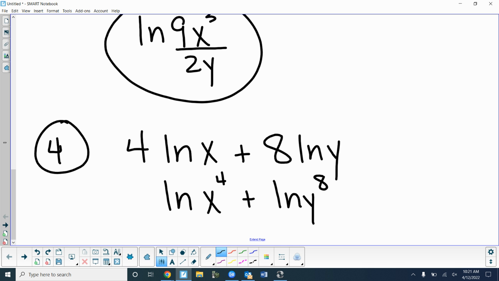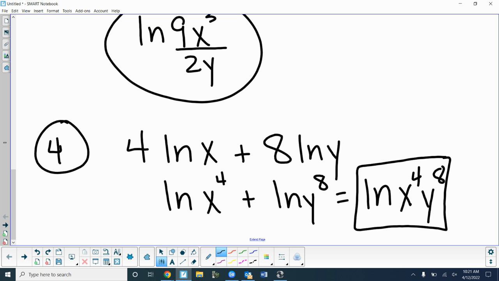Since it's addition, we can turn that into a single log that is multiplied together, those two. Simple, right? So you'll have 2 expanding problems, 2 condensing problems.